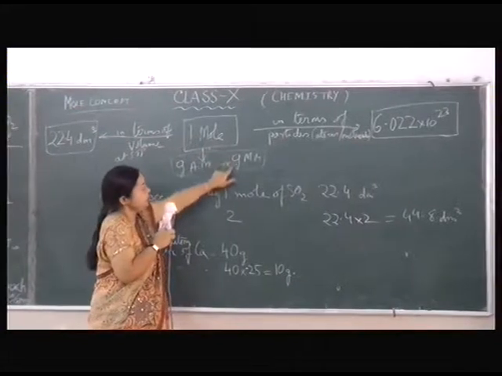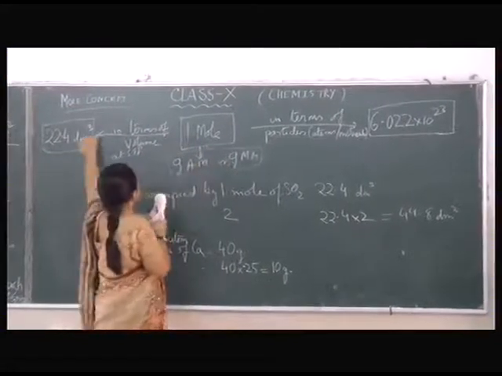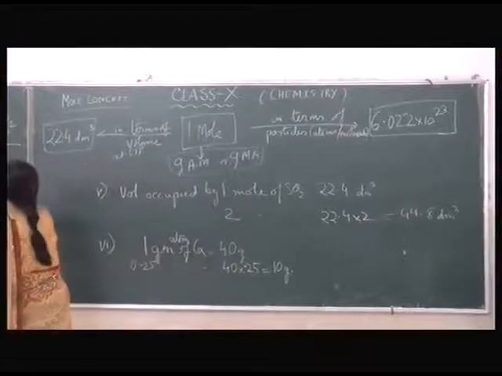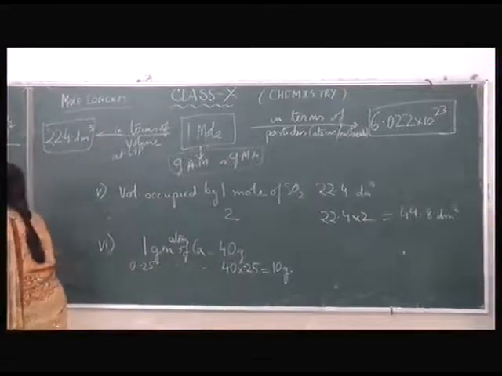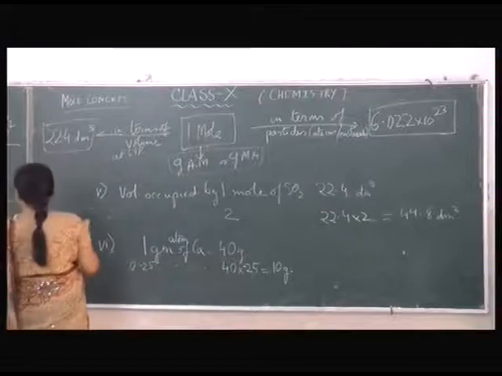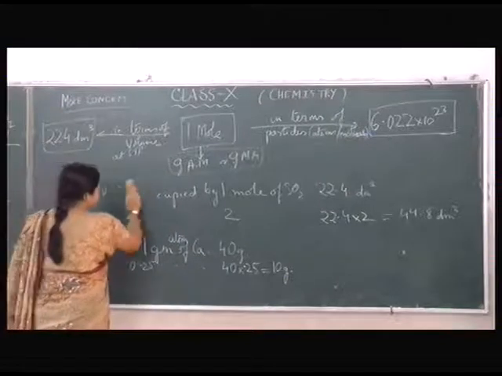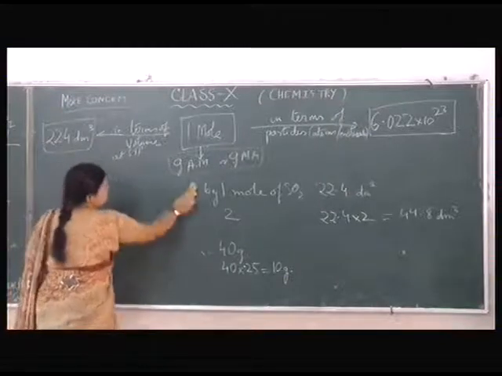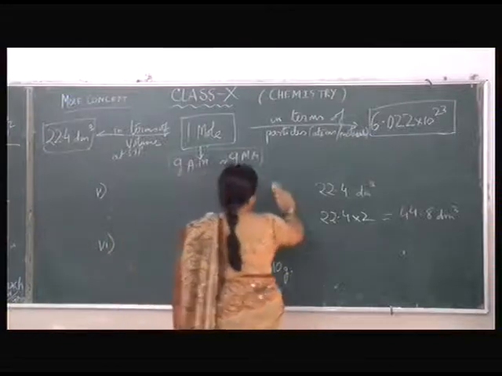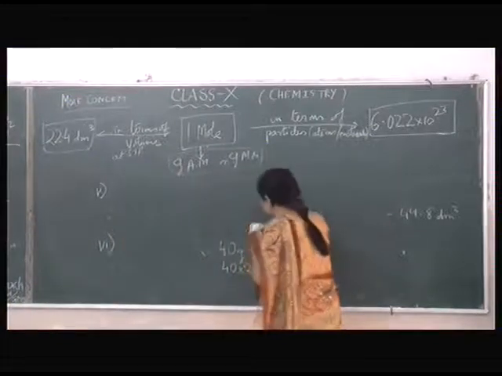So we will relate it in this way. What is the mass of 22.4 liters at STP? That is the gram molecular mass.